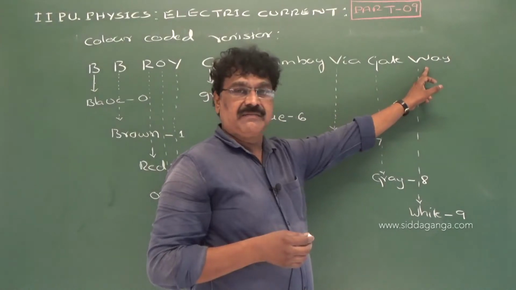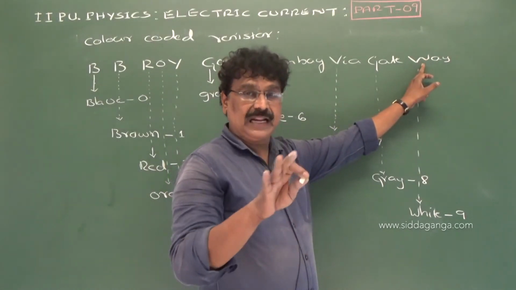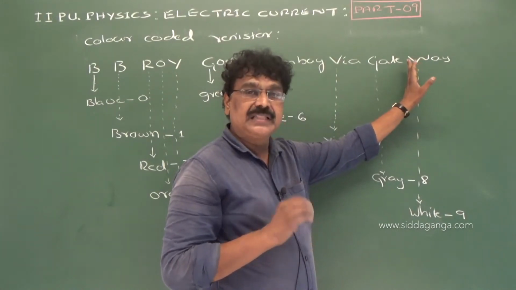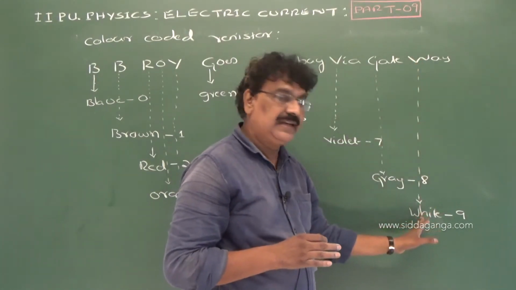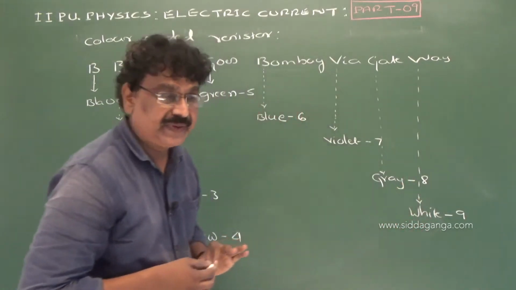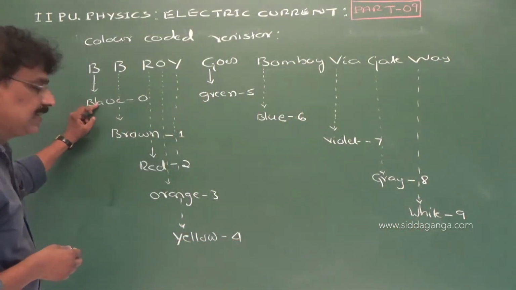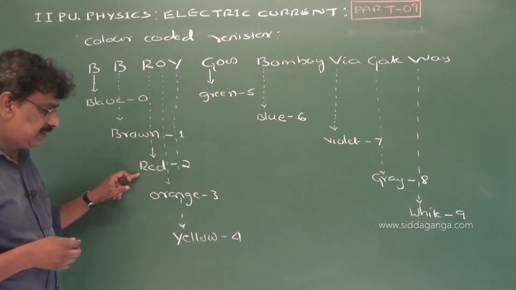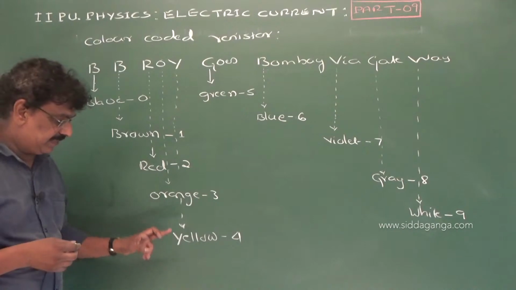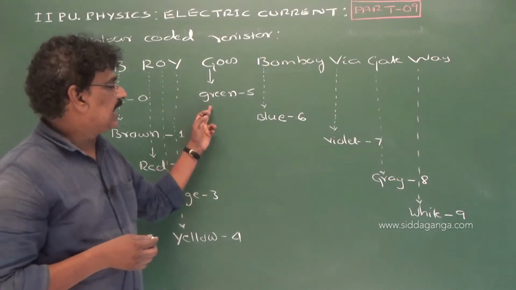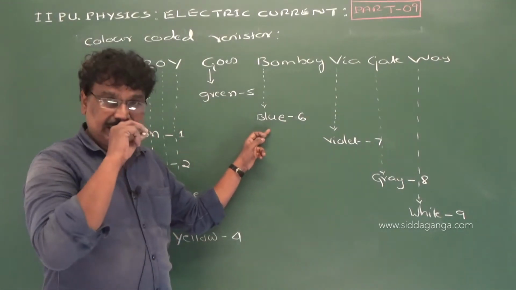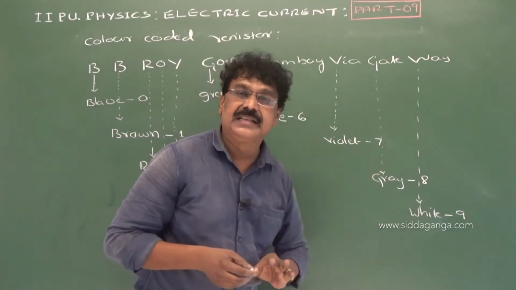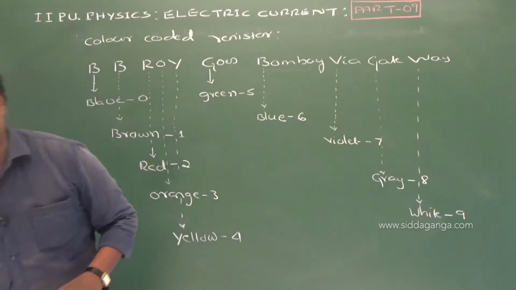The last letter W represents the brightest color, white, representing 9. So remember, black 0, brown 1, red 2, orange 3, yellow 4, green 5, blue 6, violet 7, gray 8, and white 9.